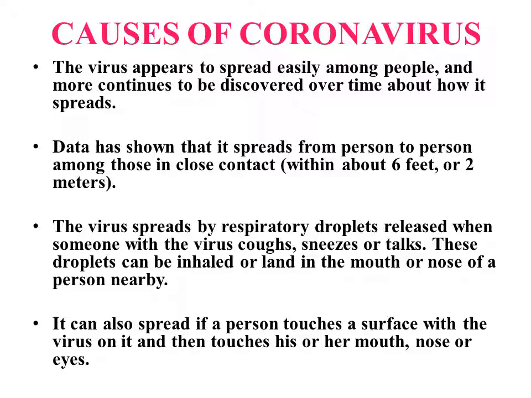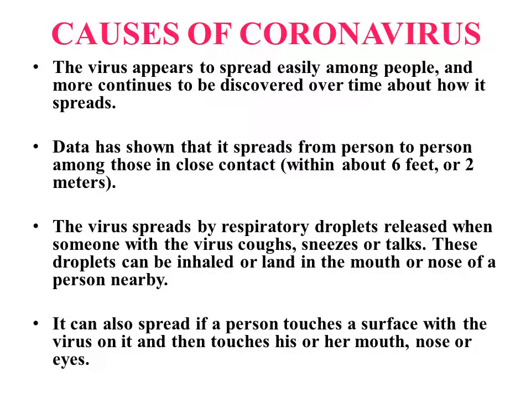The virus spreads by respiratory droplets released when someone with the virus coughs, as you saw in the previous pictures, sneezes or talks. These droplets can be inhaled or land in the mouth or nose of a person nearby.